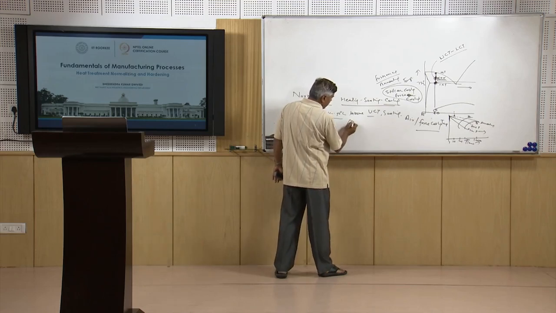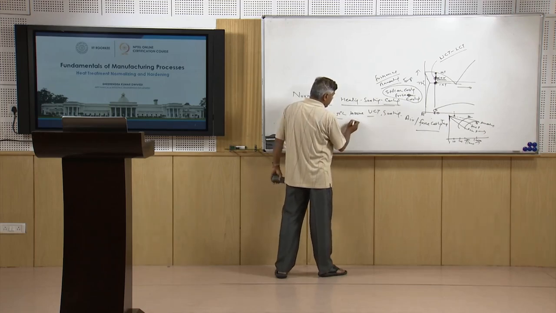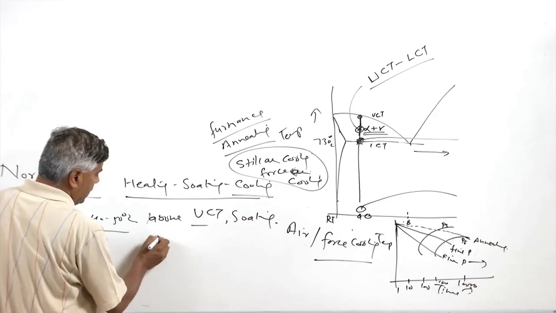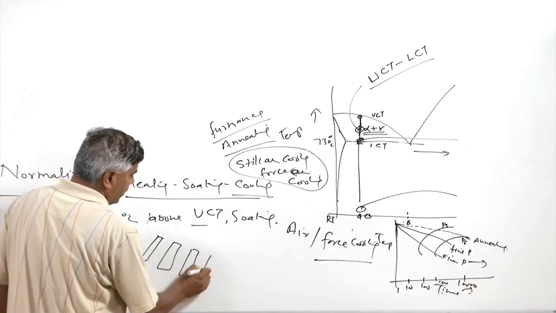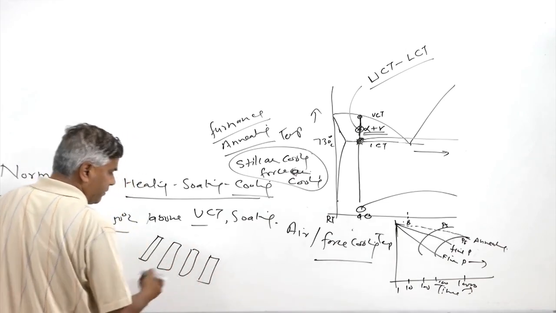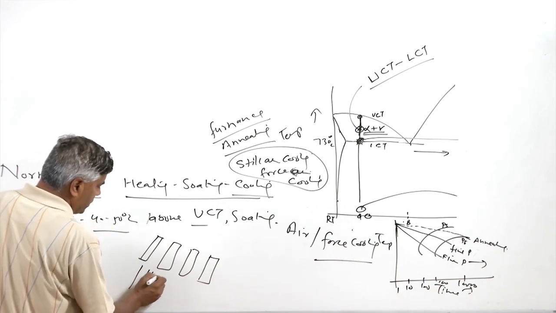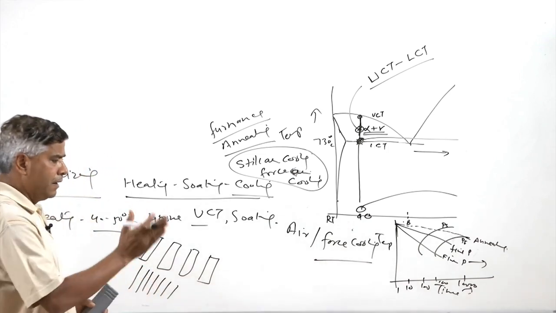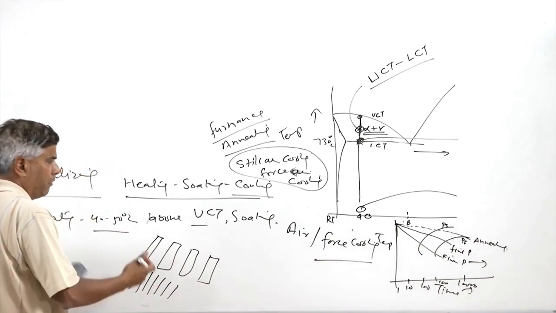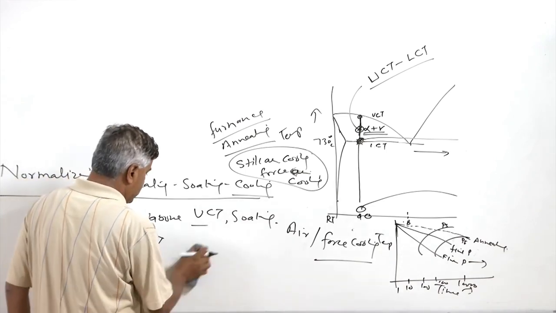When we use annealing, very coarse plates of ferrite and cementite are observed, alternate layers of ferrite and cementite. But when normalizing is used, very closely packed ferrite and pearlite lamellae are observed, which offer improved strength and hardness.